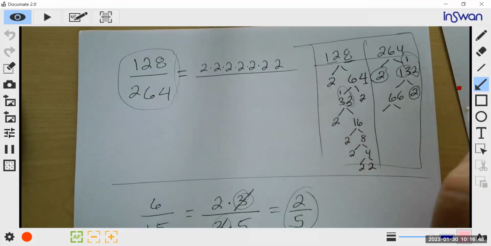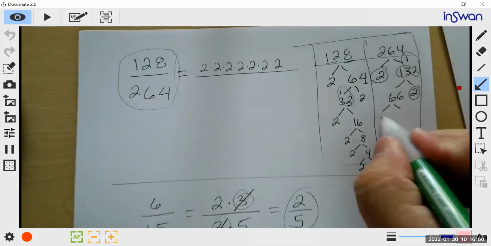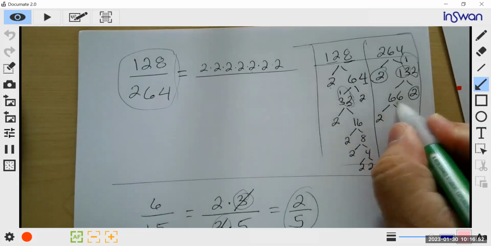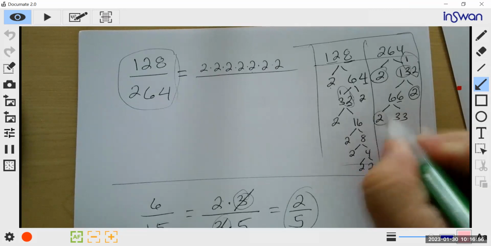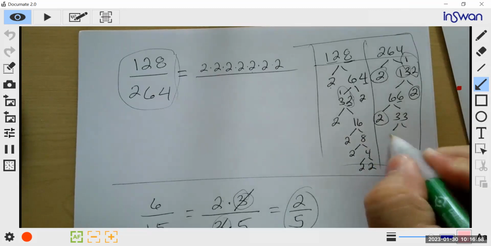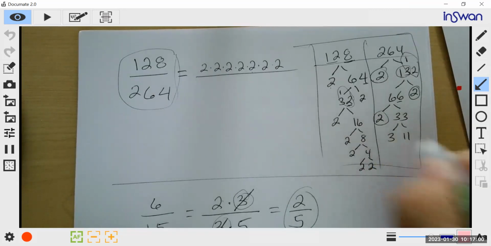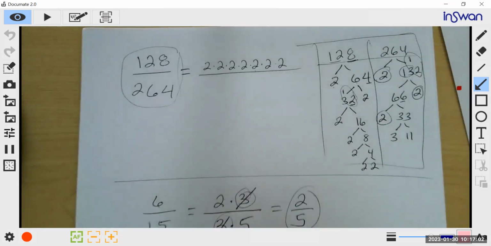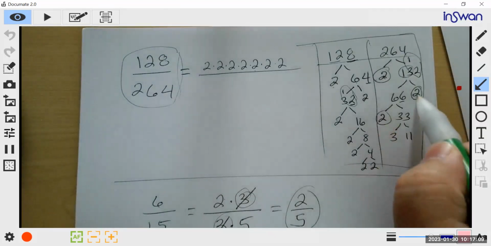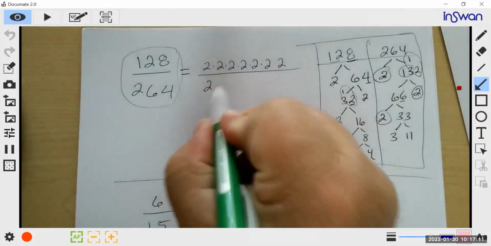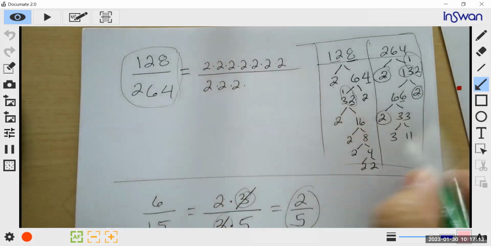What's 66 made up of? 2, since it ends in 6. 2 goes into 6 3 times. 33 is 3 times 11. So we have 1, 2, 3, 3 and 11.